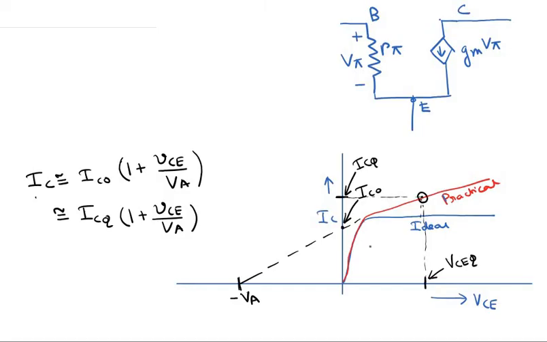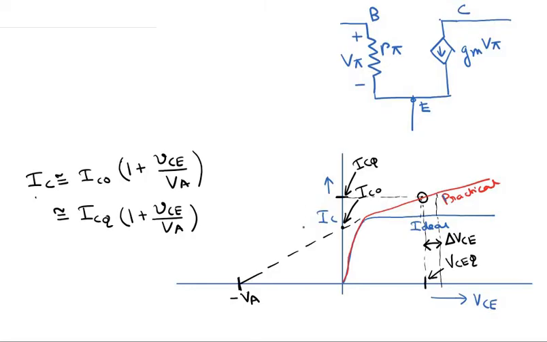Okay, now let us assume that we have applied an AC voltage on the top of the DC voltage. So the total voltage basically increases by a very small amount, delta VCE, let us say, and this small increase in VCE, that is delta VCE, is basically due to the AC signal. Okay, so there is an AC base current, and due to that an AC component of the collector current flows, and due to the AC component of the collector current, the AC component of the collector to emitter voltage would also vary.